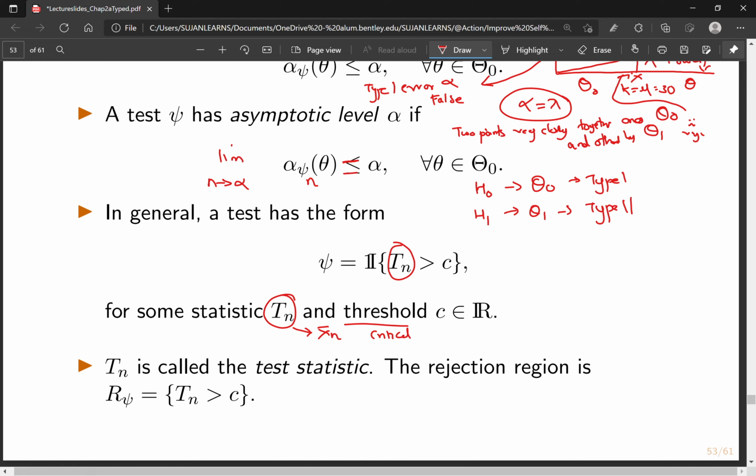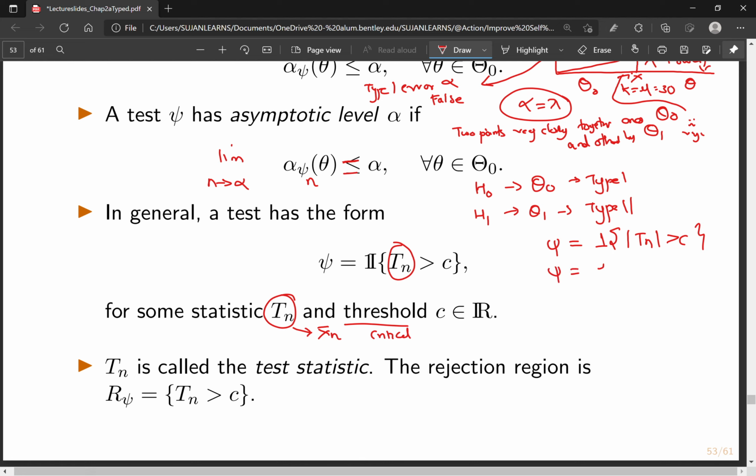This is not a universal language. A test can be written another way too. For example, someone can write the indicator function with the absolute value of Tn greater than C. It's possible also, and there are other forms too.